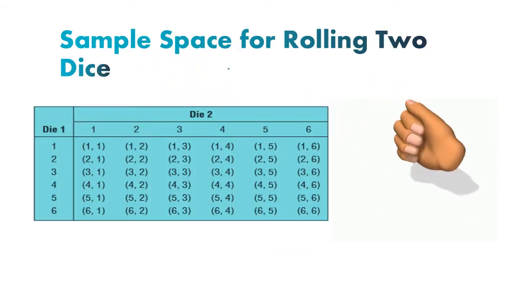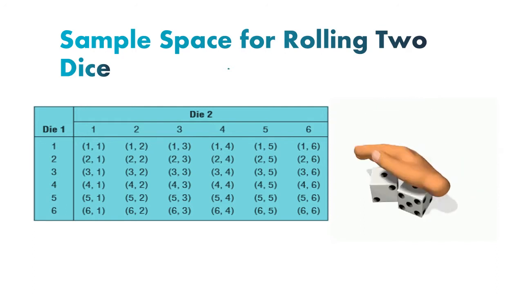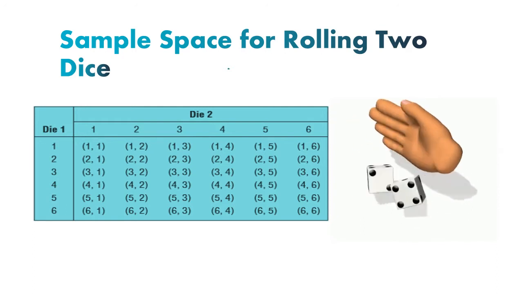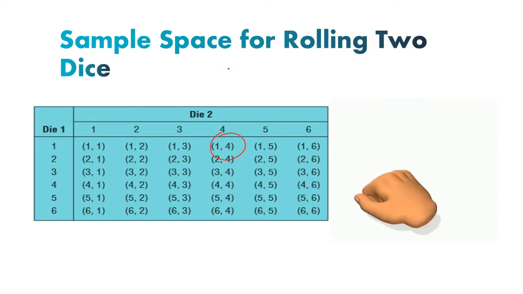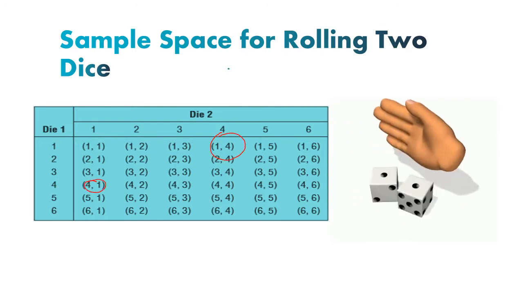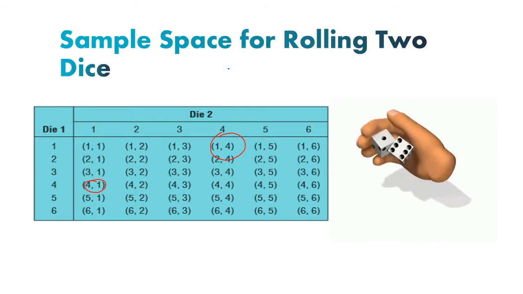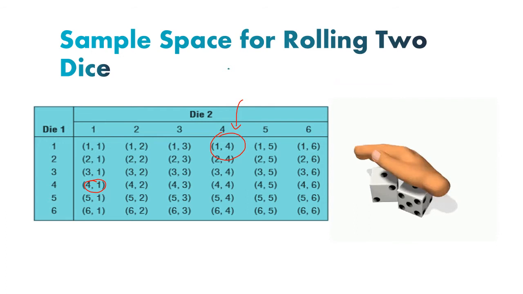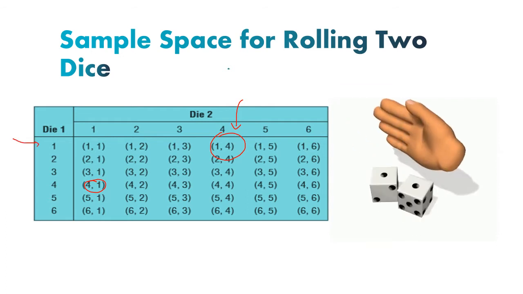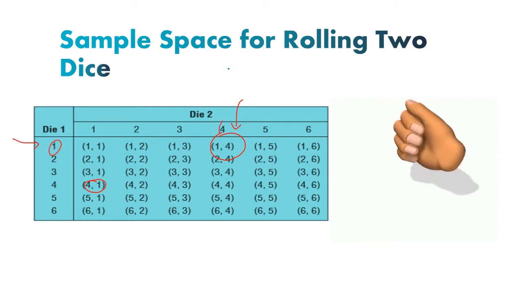The sample space for rolling two dice is as such. Note that 1-4 is different than 4-1. This is 4 on the first die and 1 on the second die. So keep this in mind.